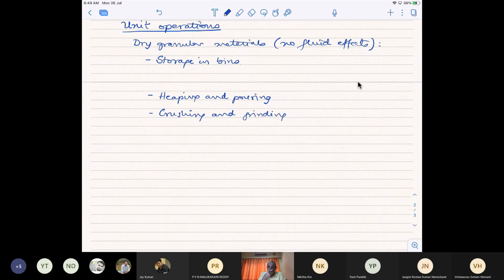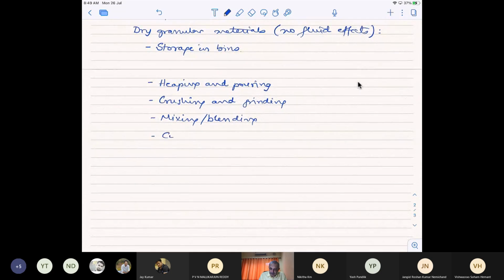This is a very common operation that you start with larger sizes and then you have to reduce the size. I also mentioned mixing. These are very common operations with particulate material.